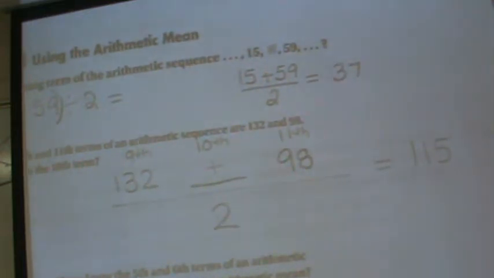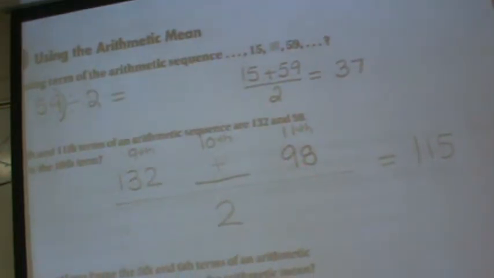Now, I have a question for you. I want you to read this letter B. Check this out. If you were given two terms in a row, the 5th and the 6th term, and you were given the mean, how could you find the 7th term?